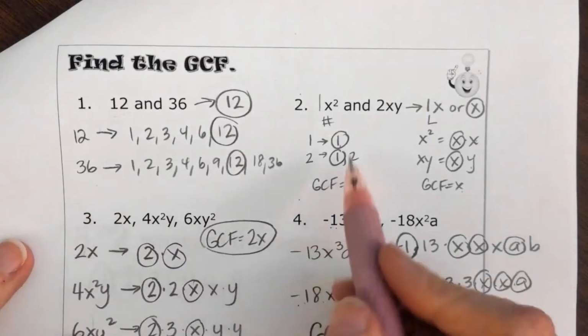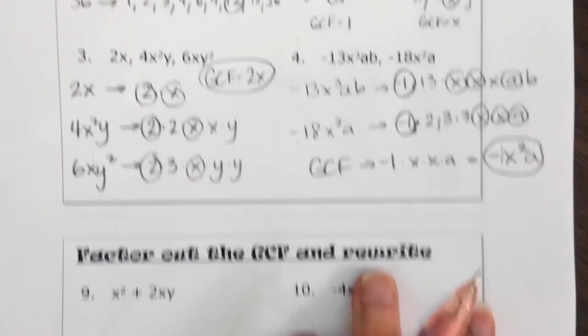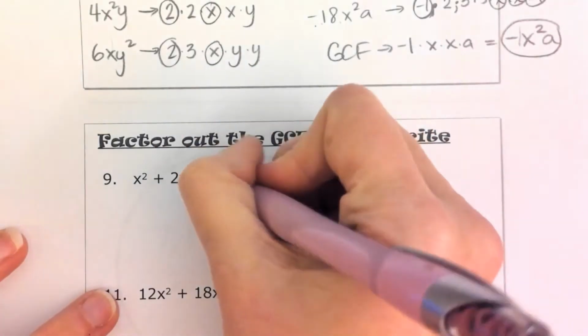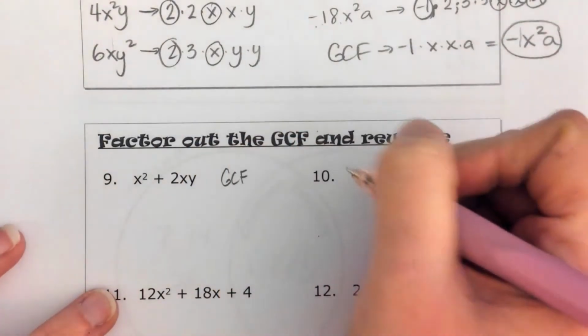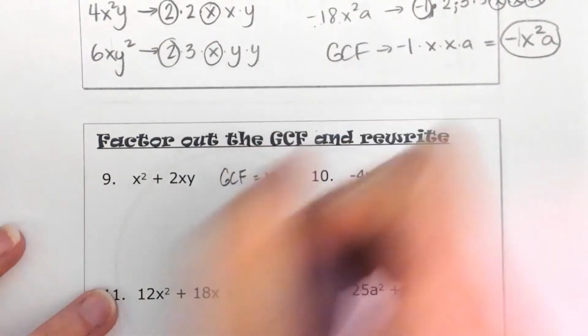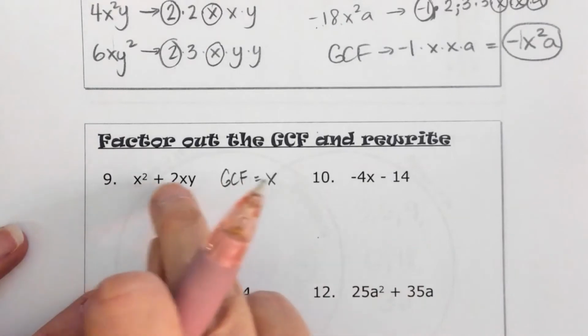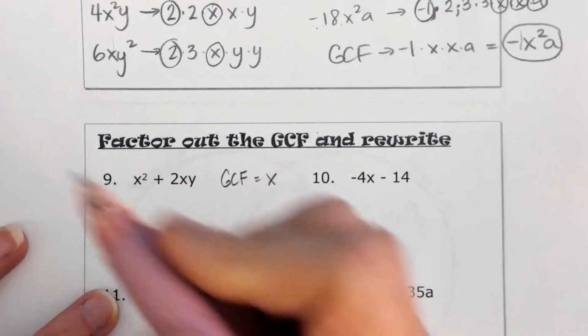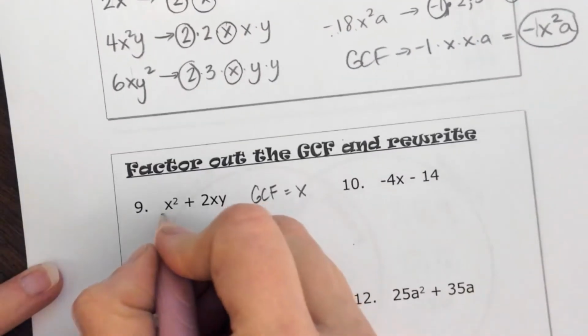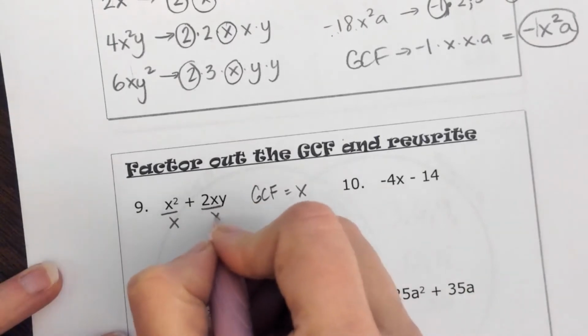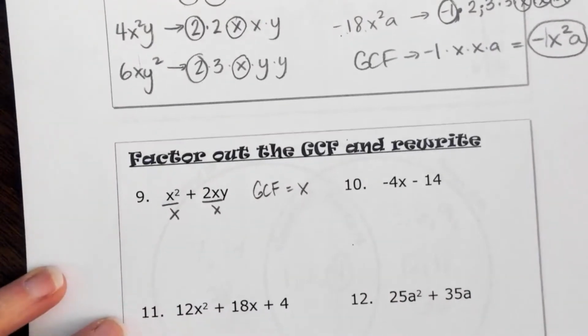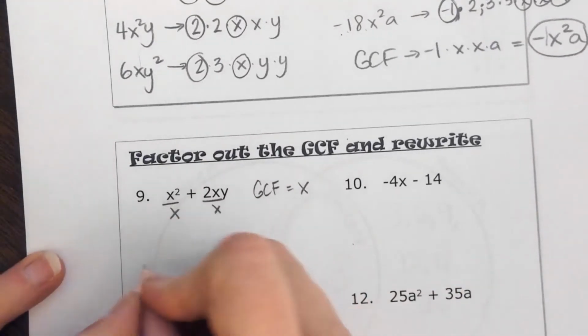So I think we already did this one. We already did x squared and 2xy, and we agreed that for this one, the GCF was x. Okay? So what we're going to do is we're going to expand each term and cancel out an x. So we're going to put both of these over our greatest common factor, x. And then we're going to rewrite it expanded.